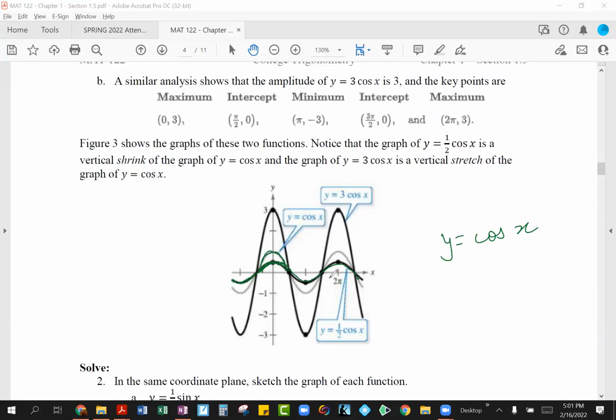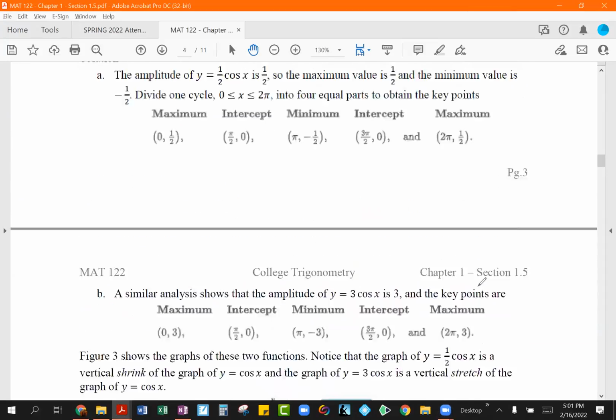That's because your amplitude changed from 1 to 1/2. So that is the vertical shrinking that happened when we used that factor of 1/2.